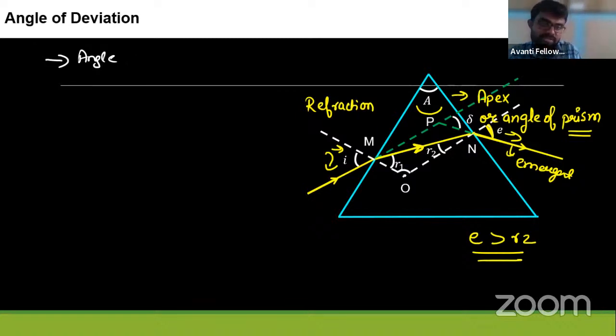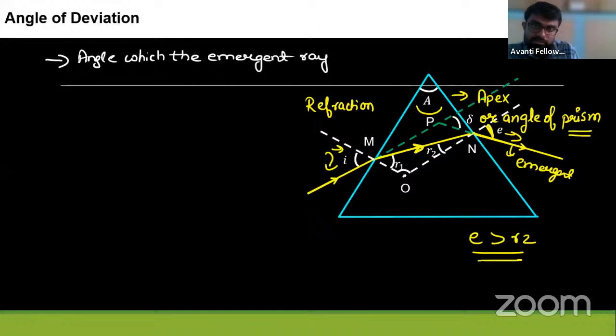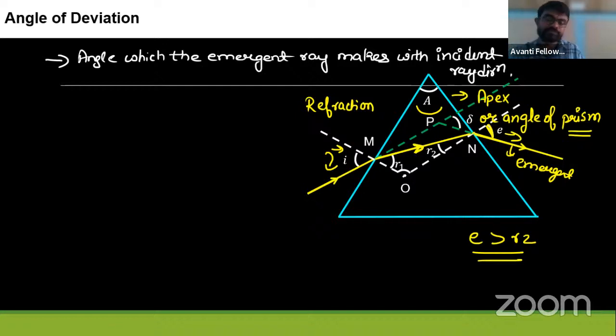So the simplest definition is this, you can note this in your notes: the angle which the emergent ray makes with the incident ray direction. Okay, is it clear?